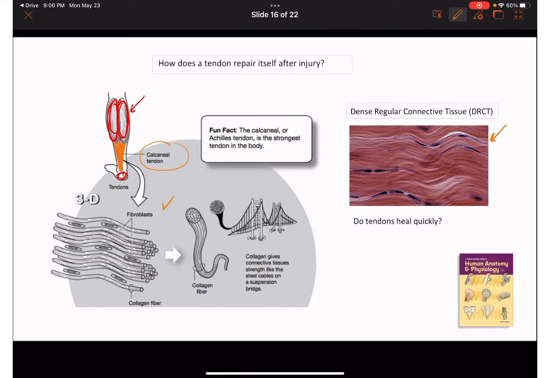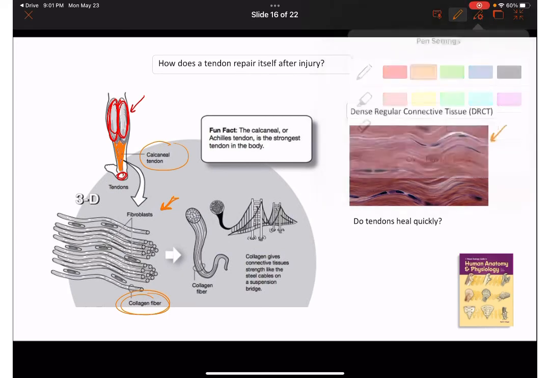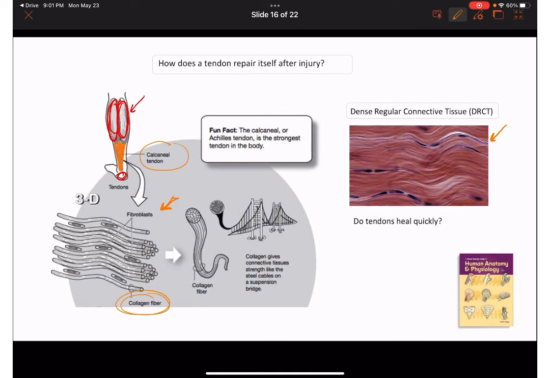And looking back to this picture, the reason dense regular connective tissue is so tough is because it's made of these collagen fibers. These collagen fibers are protein fibers, and they have high tensile strength. That means they resist stretching. They're super tough, which is what we want in a tendon. And then scattered, so these are the collagen fibers.